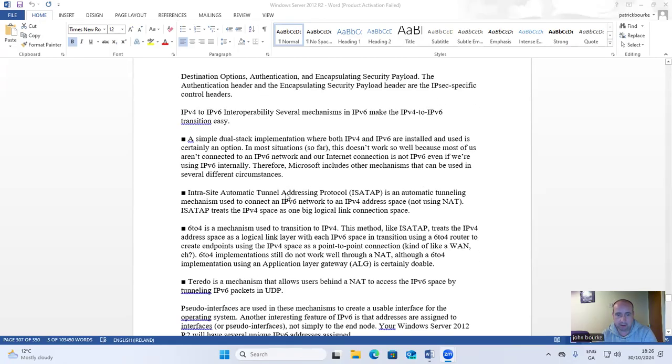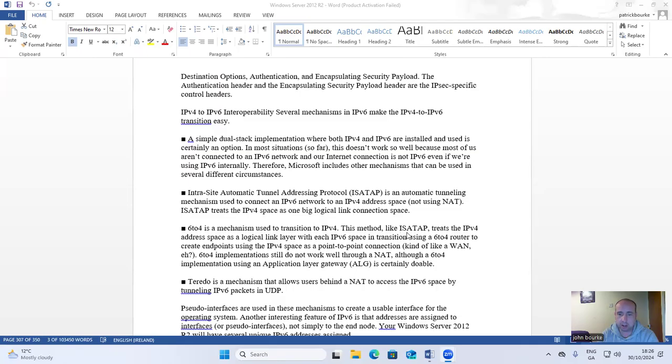Intra-site Automatic Tunnel Addressing Protocol, ISATAP, is an automatic tunneling mechanism used to connect an IPv6 network to an IPv4 address space not using NAT. ISATAP treats the IPv4 space as one big logical link connection space. 6to4 is a mechanism used to transition to IPv6.